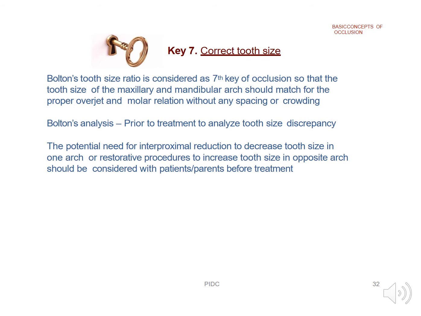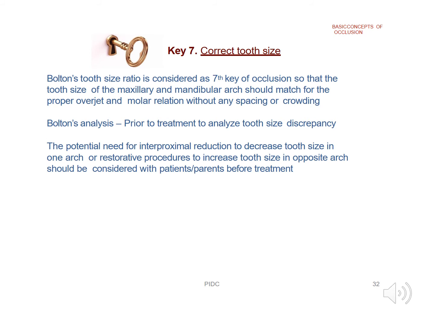Bolton analysis is an analysis that the orthodontist will do prior to treatment to analyze tooth size discrepancy. The potential need for interproximal reduction to decrease tooth size in one arch, or a restorative procedure to increase tooth size in the opposite arch, should be considered with the patient or parents before treatment.